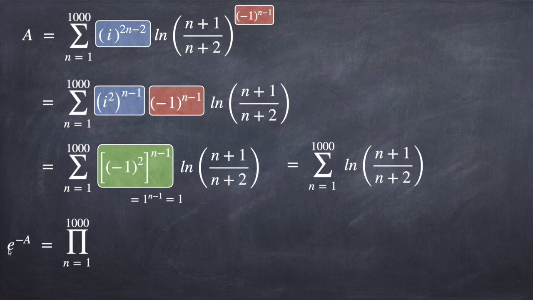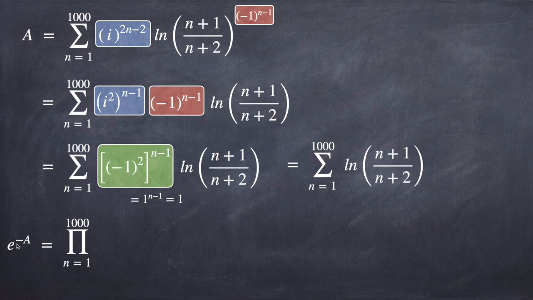We know that the exponential of a sum, here we have this first term when n is equal to 1, when n is equal to 2, we have the second term and so on. So this is a summation. The exponential of a summation is equal to the product of the exponential of the first term multiplying the exponential of the second term, and so on.